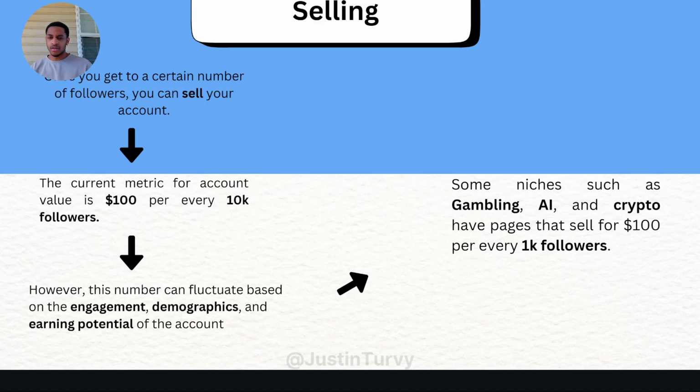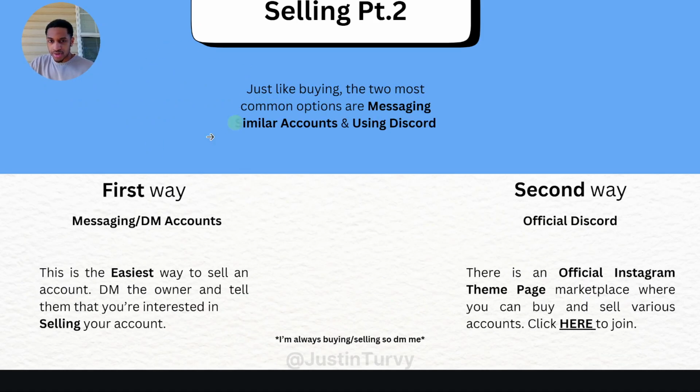Also, I will add specific numbers detailing the niche of the page, the demographics, the earning potential. That would actually be really smart, to create something that you could plug in and then give a rate for your account. I don't know what I'm saying. But yeah, let's go into the next one.